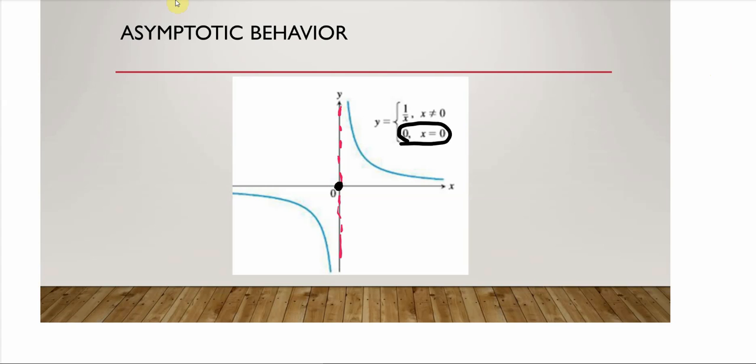Just because it's defined doesn't make it have a limit. So let me explain why. If I come from the right side, my graph is going to be approaching infinity. But as I come from my left side, my function is approaching negative infinity. So guess what? They're different values, therefore the limit does not exist.